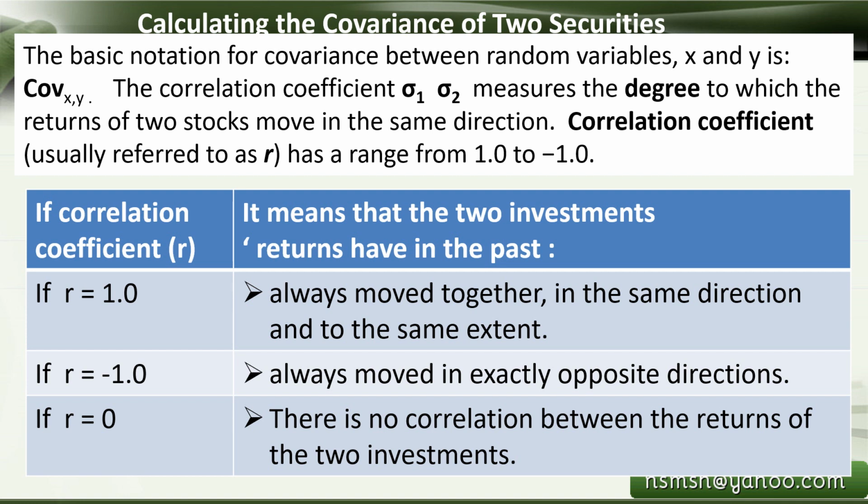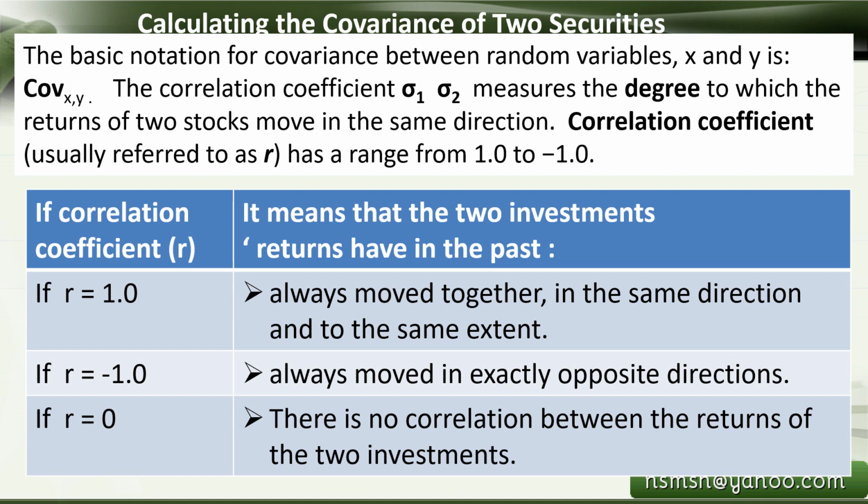This table shows how to interpret what it means if R equals 1, what if R equals -1, and what if R equals 0, that is, the correlation coefficient is 0. These are important points for your interpretation and understanding.